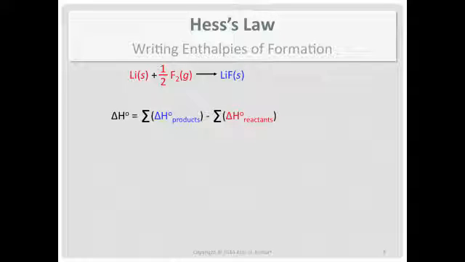The standard enthalpy of reaction is defined to be the difference between the enthalpies of the products and the enthalpies of the reactants. Then for this equation, because of the way it's written, we can give it a slightly different label. So look on the upper right. I put a subscript F because now this is a standard enthalpy of formation.